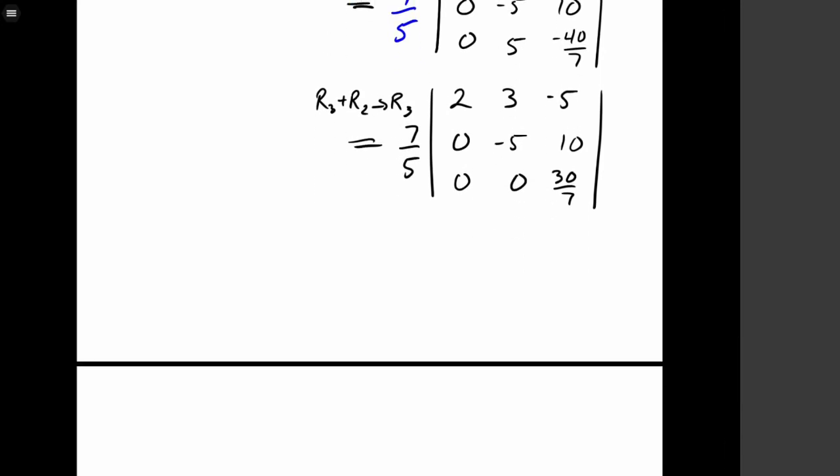Now again, we don't need to do this here. We can just multiply this diagonal together, multiply it by this 7/5 out here, and we're good to go. So again, I just want to show you one of the things we can do in addition here. All right. So we can have 7/5. Here, I'm going to factor -5 out of this row, and then it just comes out of the determinant.